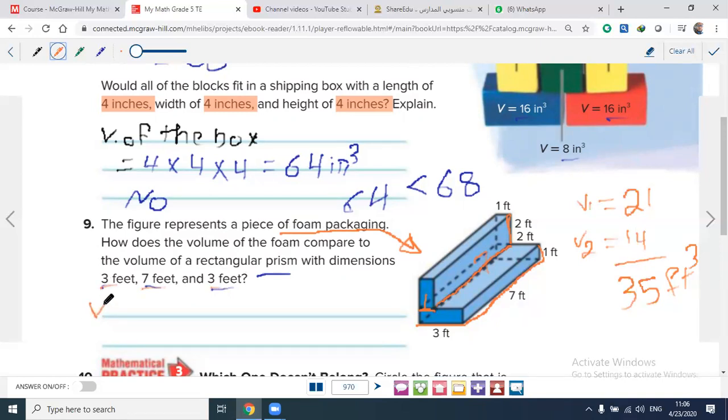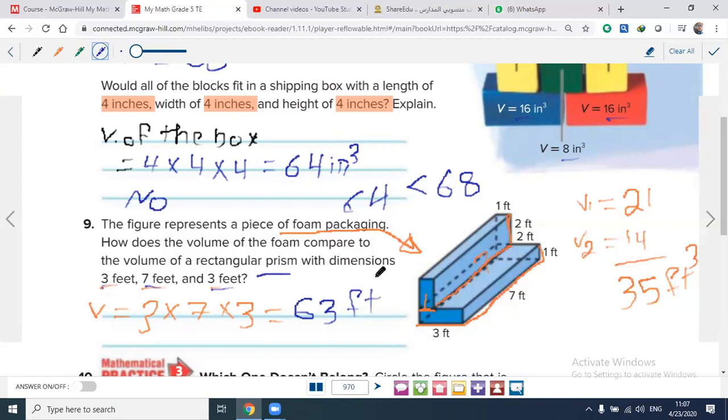The volume of this prism equals 3 times 7 times 3. Who can find it in one step? 3 times 7 is 21, 21 times 3 equals 63. So the volume is 63 cubic feet.